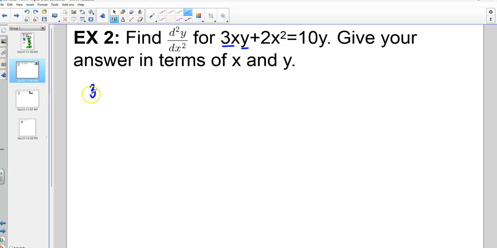So you'll have 3x times the derivative of y, which is dy dx, plus y times the derivative of 3x, which is 3. So that takes care of our 3xy. We still have a 2x squared, so that will be 4x. And we've got a 10y, so that's just 10 dy dx.